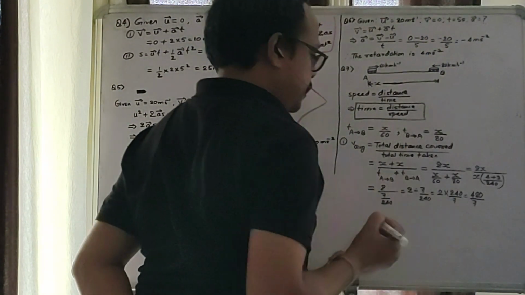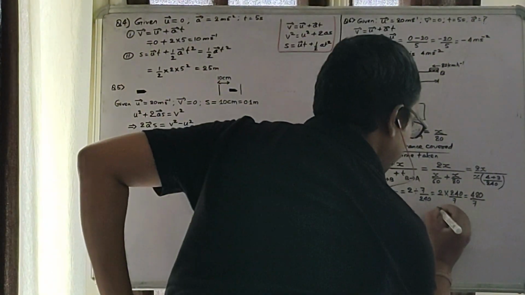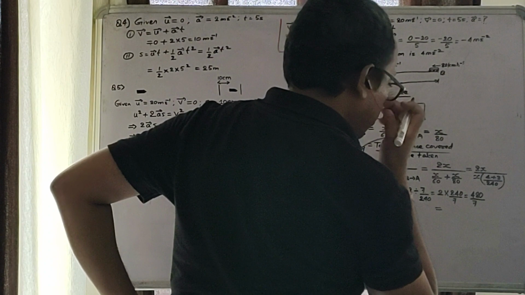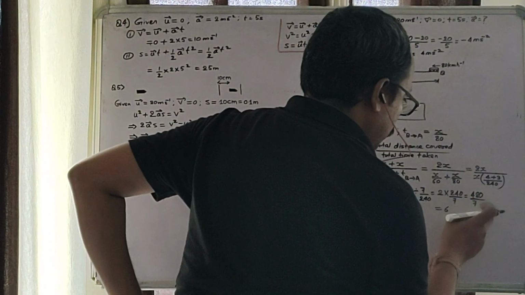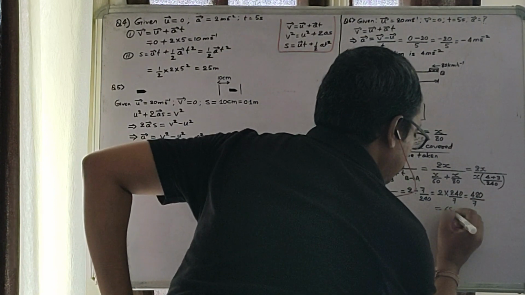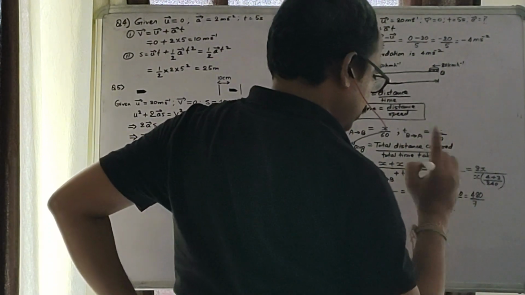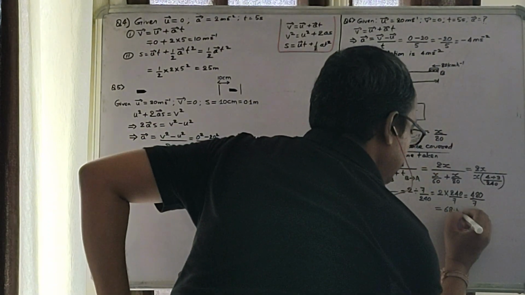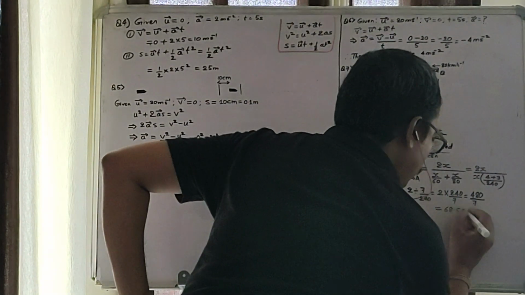So how much is the average speed we are going to get? Just calculate it. 60, 7 8 are 56, 40, 7 5 are 35, and it will go on that way.